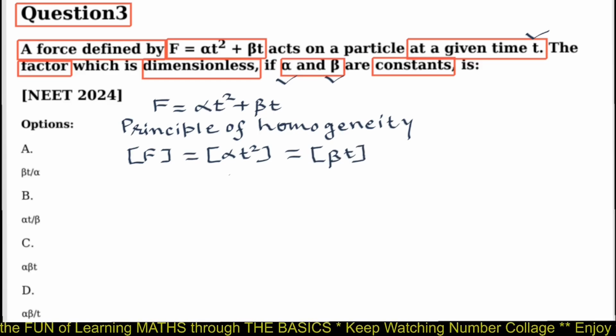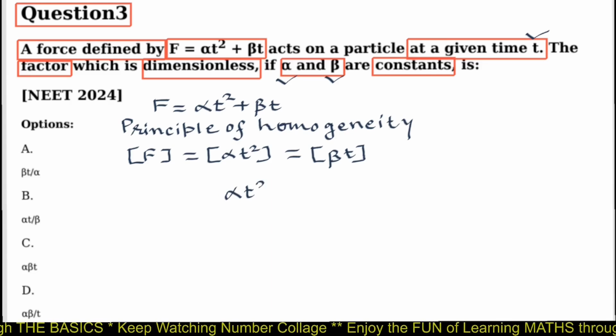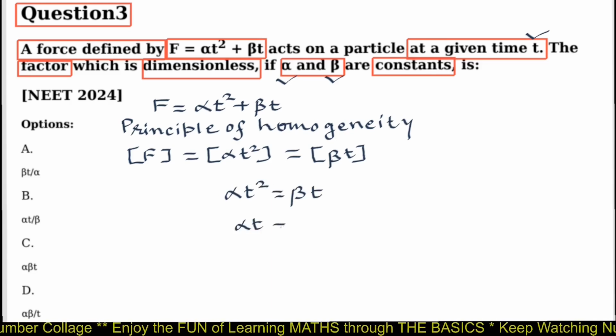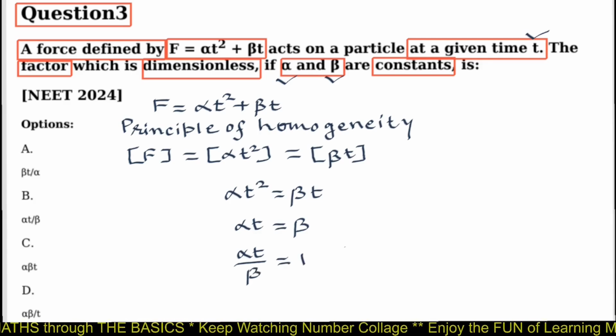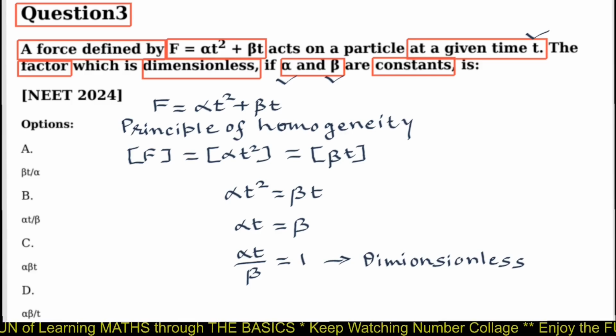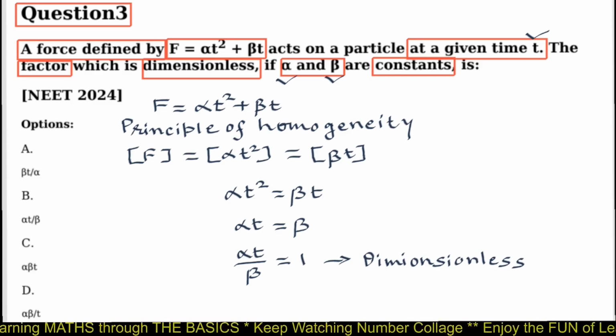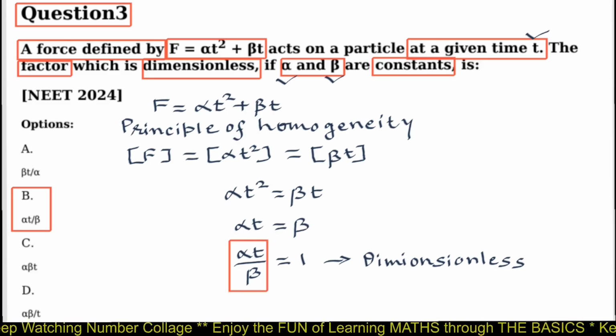Now alpha t square equals beta t, alpha t equals beta, alpha t upon beta equals 1. Being a number, it is dimensionless. So the correct answer option here is B, alpha t upon beta, which is a dimensionless factor.